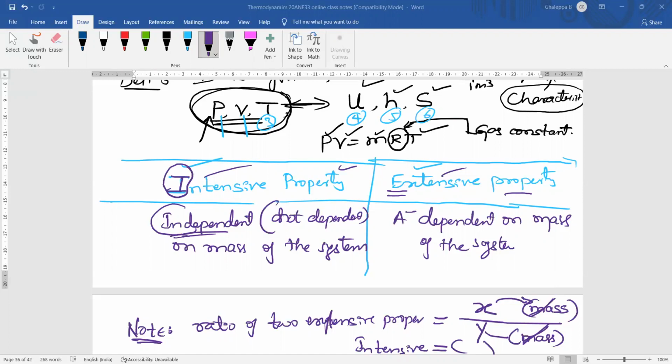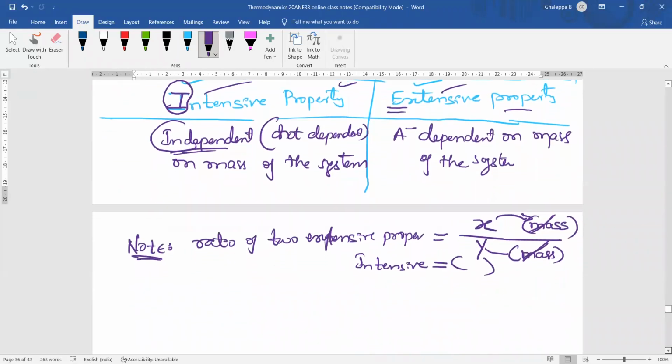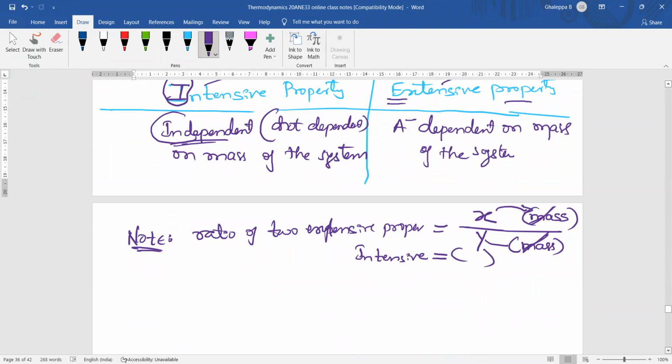And one more point, the second note that you need to remember here, that is also important. This is point number 1, and this is point number 2: extensive property divided by mass again becomes an intensive property.